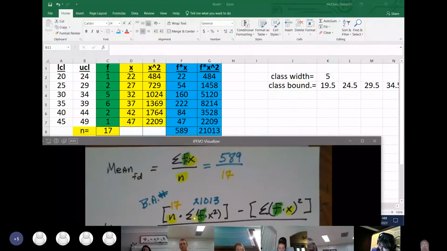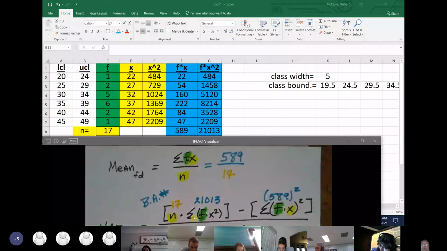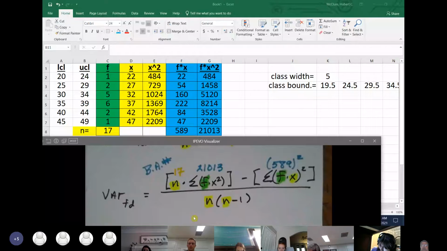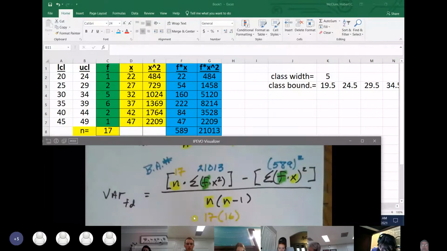And that's going to be the summation of F times X, which is 589. That's going to be 589 raised to the second power over, and I think y'all can handle this, 17 times 16. Now all you've got to do is plug and chug.